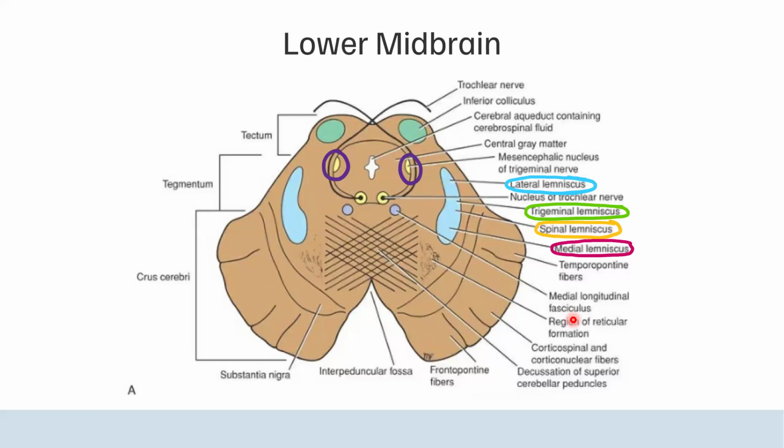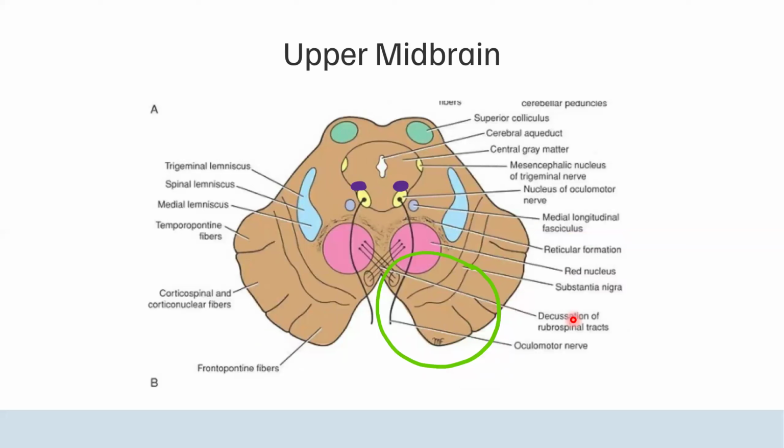Okay. Lastly, we move on to the upper midbrain, where we have the superior colliculus, or at the level of the superior colliculus. Once again, we're going to have the trigeminal lemniscus, spinal lemniscus, medial lemniscus. Which one are we missing here? There's one that we're missing. Lateral. Perfect.